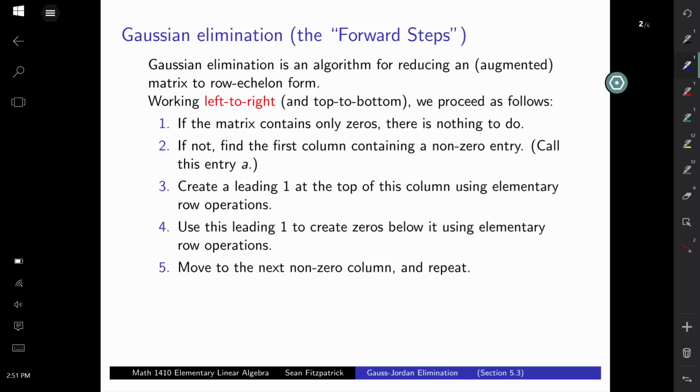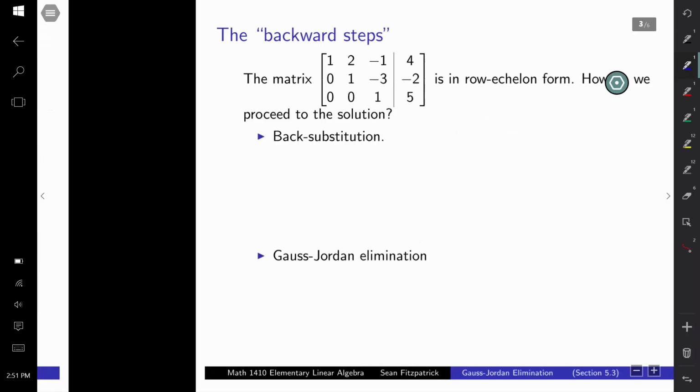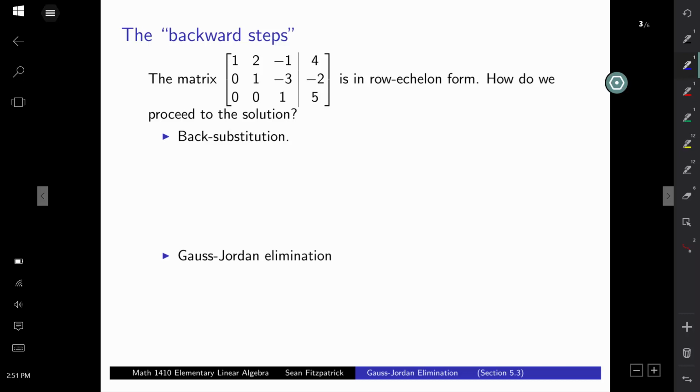We move on to the next column, and we keep repeating. Now, that gets you to row echelon form, but you want to keep going from row echelon form to the reduced row echelon form. You'd like to simplify further. So where do we go from here?